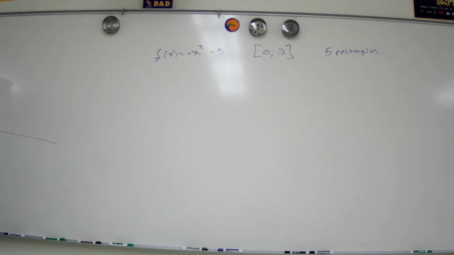The plus 5 means what? So it's going to look something like this, and this is going to be 5. This is 0. What is the x-intercept on this? So it's looking like the square root of 5? Yeah, negative and positive square root of 5. Okay.